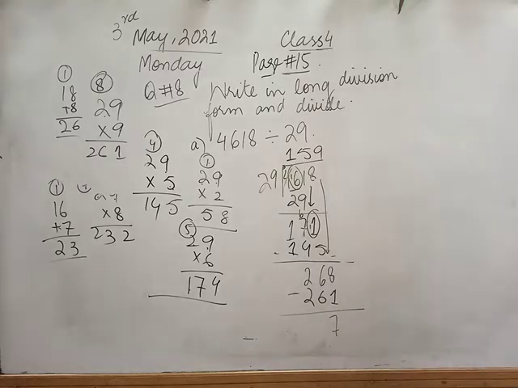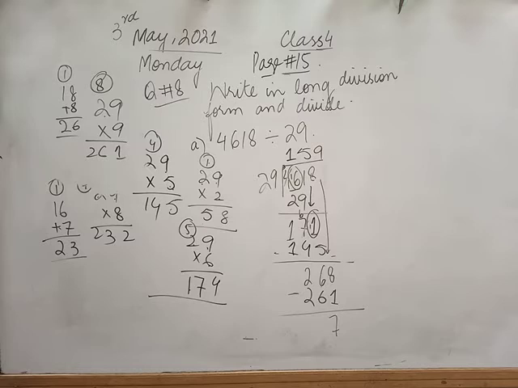Okay class, so we will stop here. हम इसको यहाँ पर ही stop कर देंगे because there is no any number in dividend. अब हमारे पास और कोई नंबर नहीं है ना डिविडेंड में, so we will stop here. If you look we have 7 in the end which is in dividend and divisor is 29.